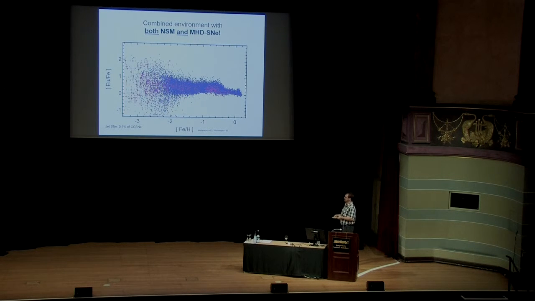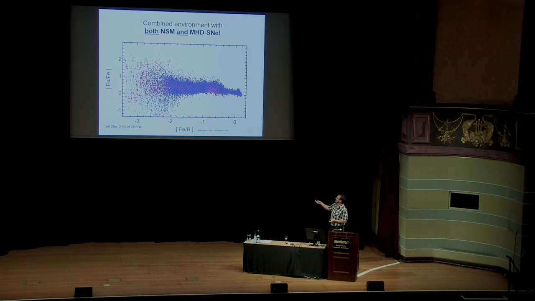So, what to do? We will establish a combined environment with both the magneto-rotationally driven supernova and neutron star mergers. And if you choose the perfect parameters, which are actually 0.1% of the core collapse supernovae, which means every 1,000th core collapse supernova will actually perform a magneto-rotationally driven supernova, you can see it really nicely reproduces the observed abundance curve.